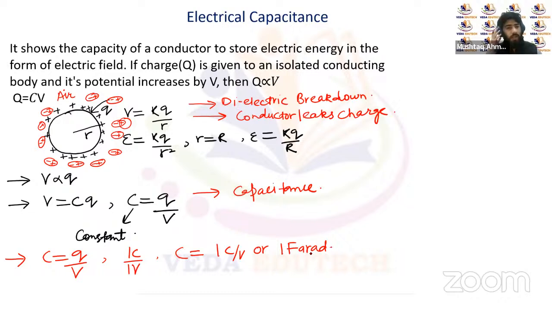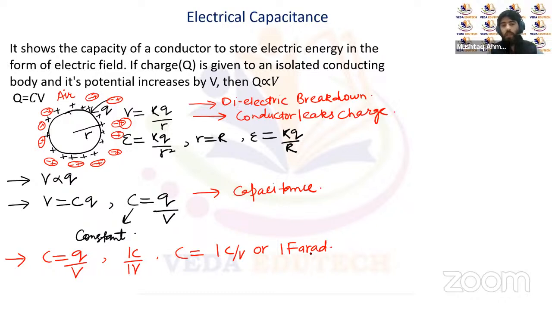That's why we define it as showing the capacity of a conductor to store electric energy. We'll come to how the electric energy is actually stored in a capacitor, right? But the potential on the surface of this conductor depends upon the charge supplied to this conductor, or we can say that the dielectric strength decides how much charge we can supply to the surface of this conductor, or how much charge the conductor can retain, right?